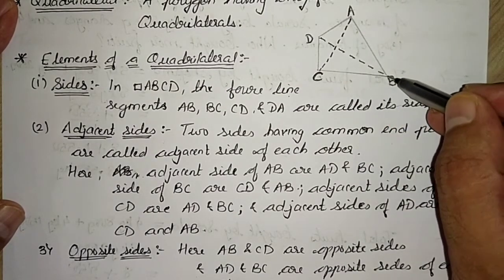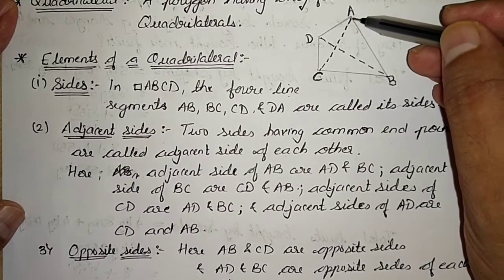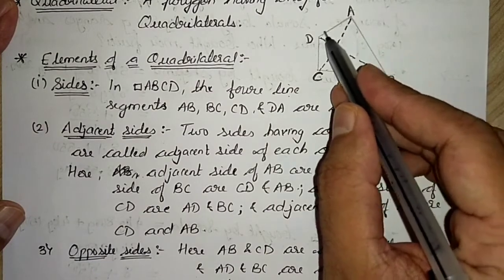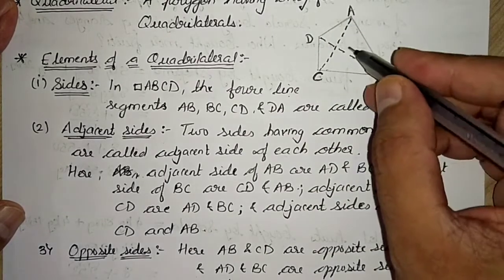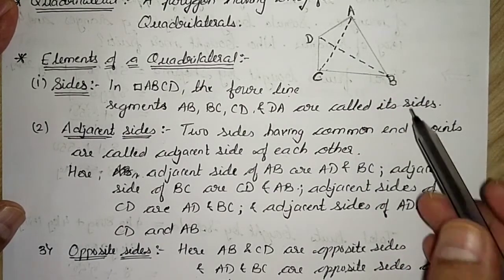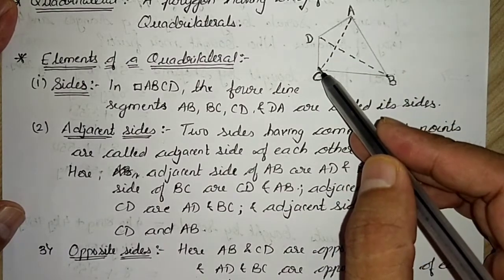have a common point, then they are called adjacent to each other. Here you can see AB, the adjacent sides of AB are BC and AD, right? Because both of them meet at one point. Similarly, adjacent sides of BC will be AB and CD.